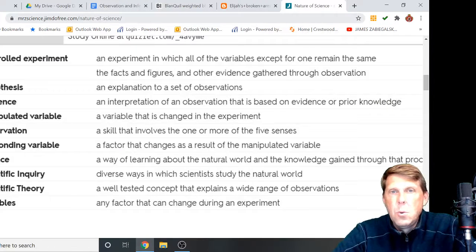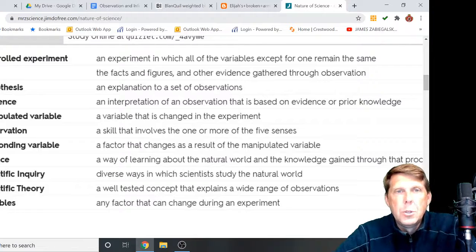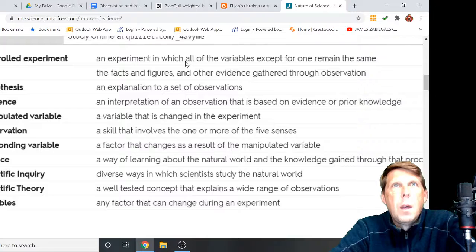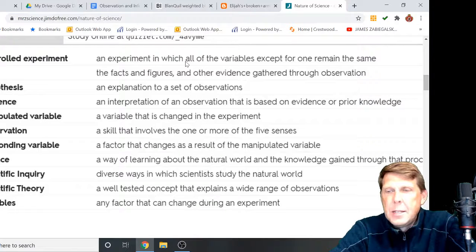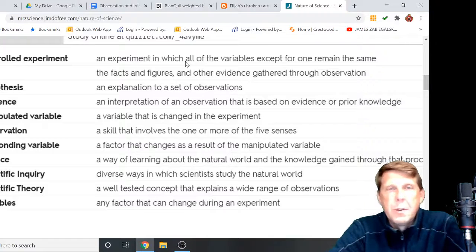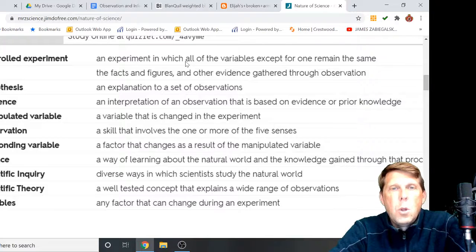Okay, so what I'm going to do is put a video up in the Google Classroom, and that video is going to practice inferences and observations. Along with the video, I'm also going to put a Google document in there.